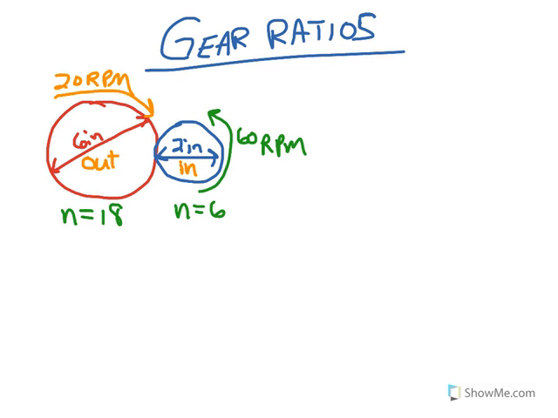And finally, let's assume that you're also told the torque of each of these. Let's say that the driver has a torque of 40 foot-pounds, and the driven has 120 foot-pounds.